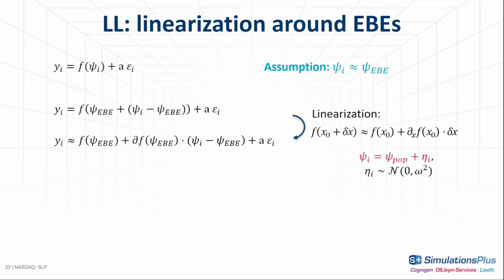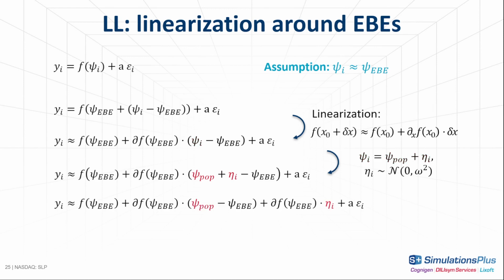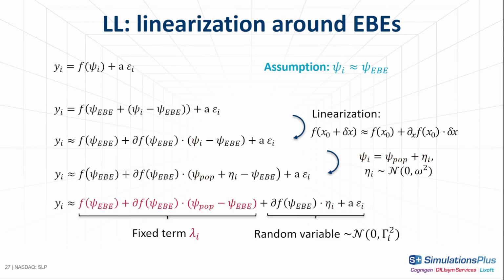Let's consider individual parameters with a normal distribution. In the absence of covariates, we can write psi as a sum of the population value, psi pop here, and random effect eta. Inserting this into the formula for y and reorganizing the terms, we can separate a fixed term lambda and a normally distributed random variable with standard deviation gamma.